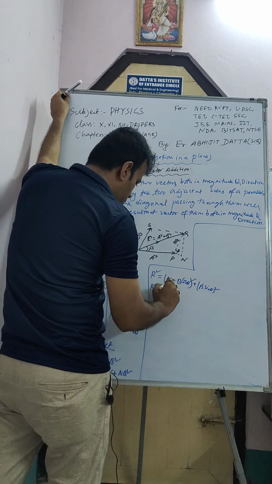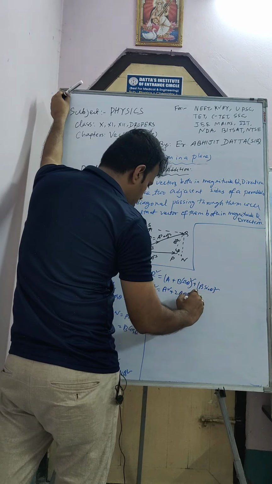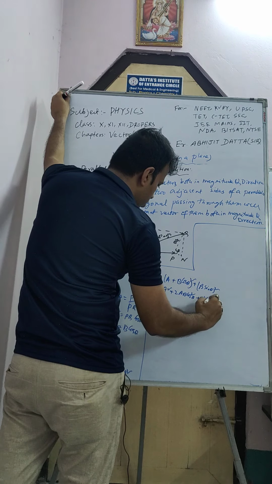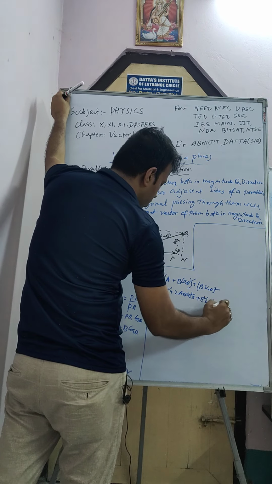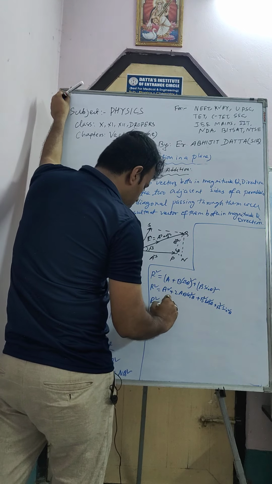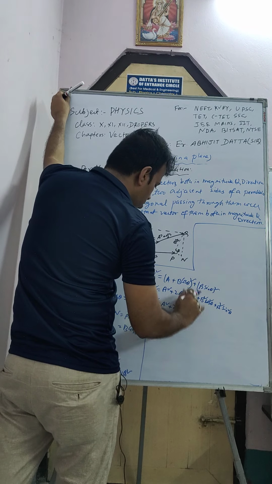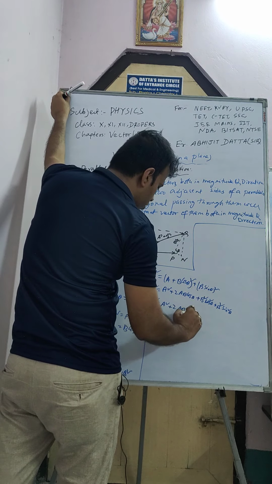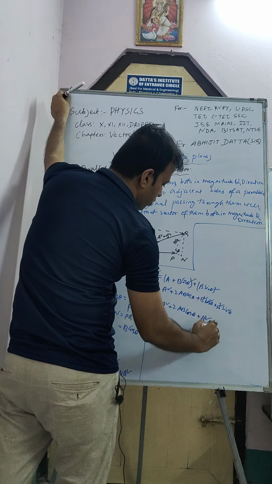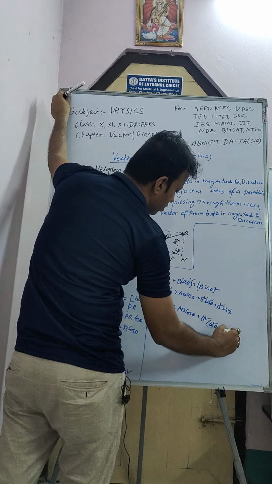So R square equal to A square plus 2AB cos theta plus B square cos square theta plus B square sin square theta. Here it will be only B square if I take common: B square is common, it will be cos square theta plus sin square theta.